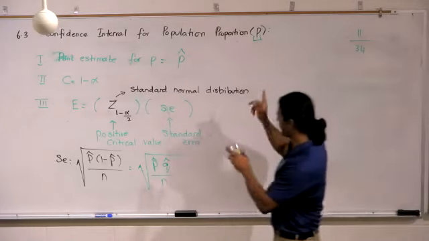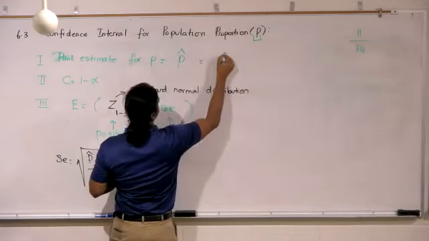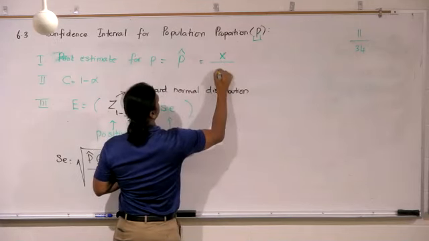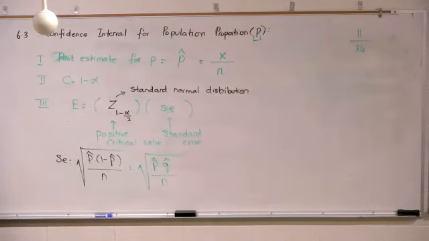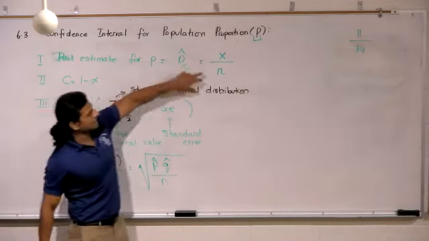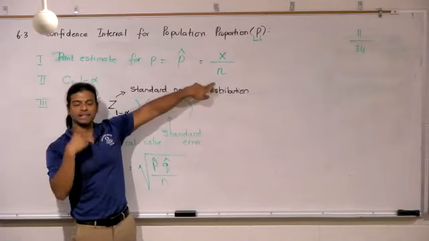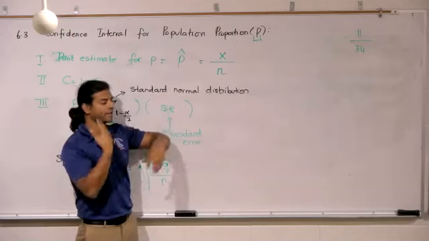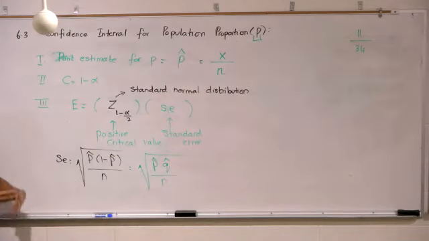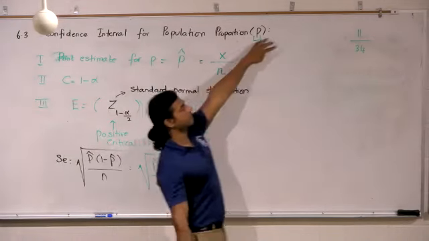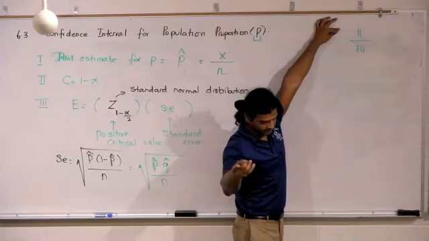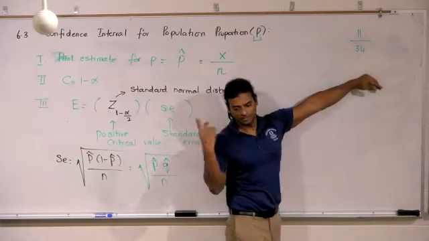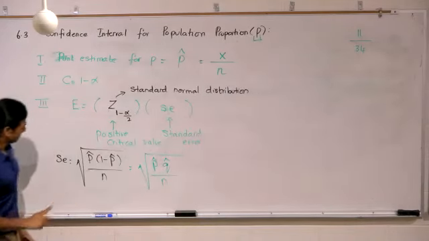That is X, divided by N. So P hat is simply X divided by N, where N is the total sample size. And X would be the number of outcomes that favor a specific event in the proportion. In my example, 11 was the number of people who wore costumes for Halloween. 34 is the total.